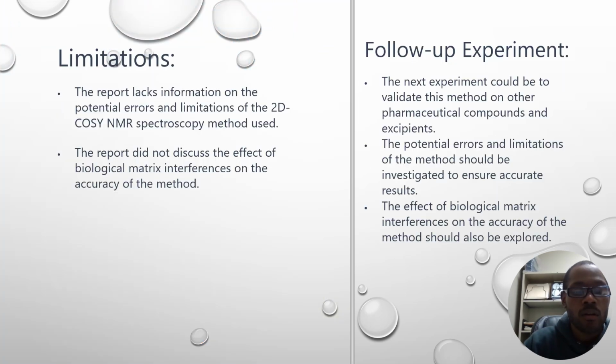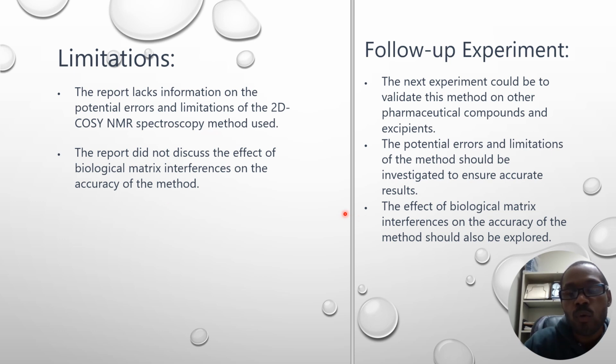We know that 2D NMR spectroscopy is good for identifying molecules that overlap in 1D spectroscopy, but this report lacks information on the potential errors and limitations of the 2D spectroscopy method used. The report did not discuss the effect of biological matrix interference on the accuracy of the method.